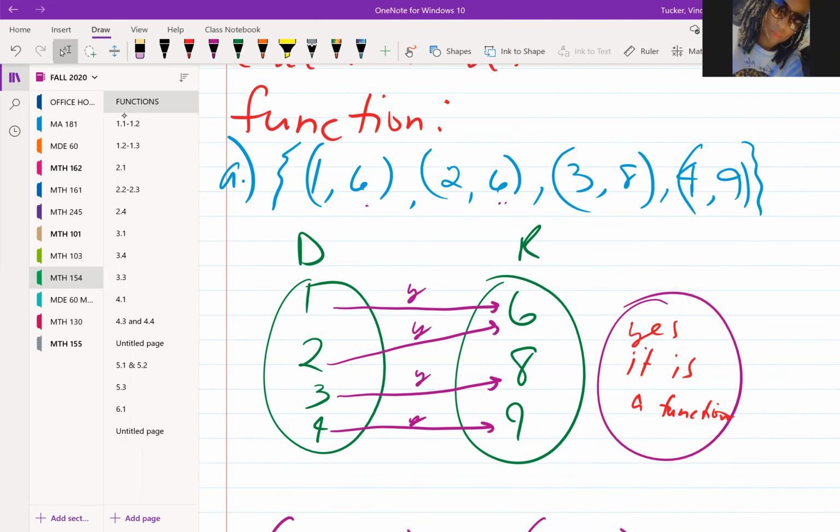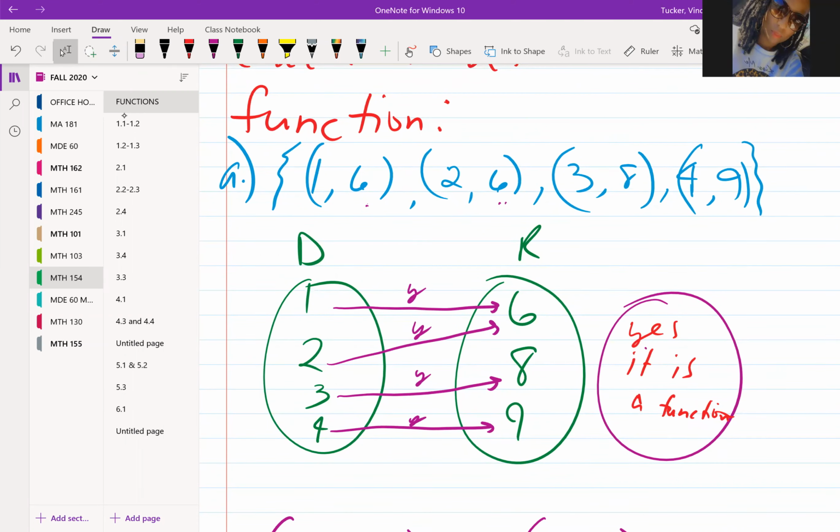All right, is everybody good? I think there's one other thing out of this section.